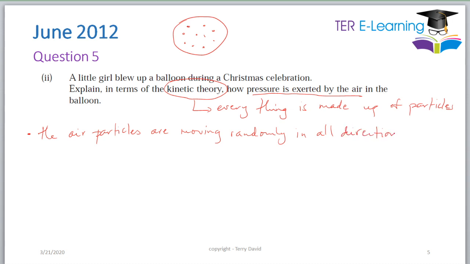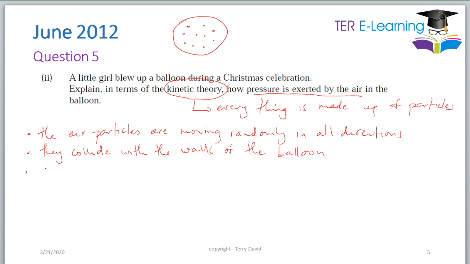So air particles moving randomly in all directions. They collide with the walls of the container. Well, in this case, the walls of the balloon. So they collide with the walls of the balloon.